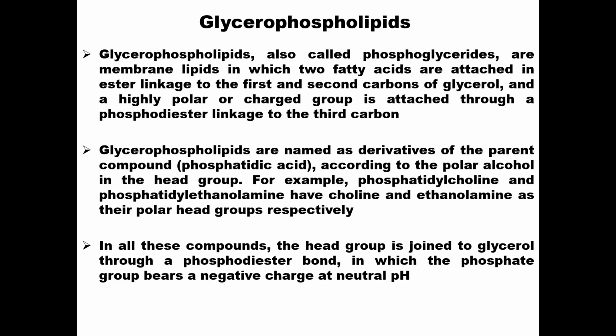So by now, when we talk about ester linkage, you are familiar with what ester linkage is. Let me share more light. When we say ester linkage or ester bond, this is a bond that is formed from an esterification reaction, and this esterification reaction is a reaction between an organic acid and an alcohol.